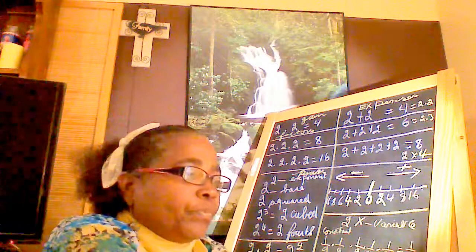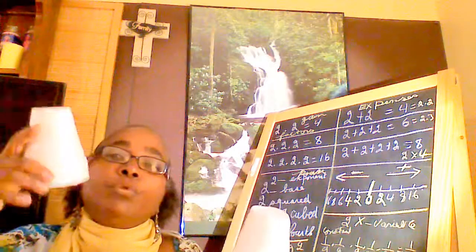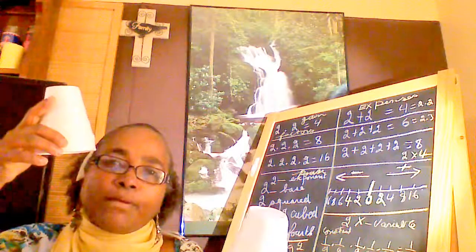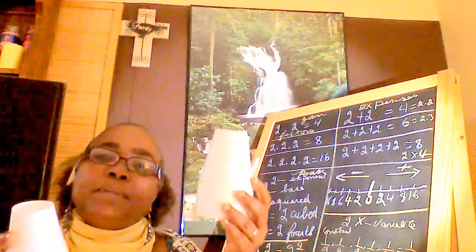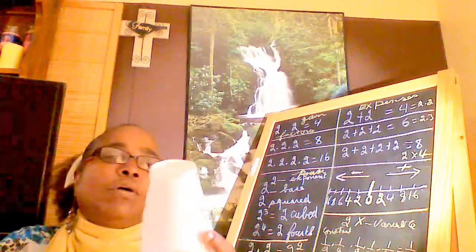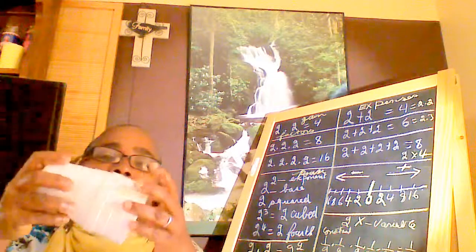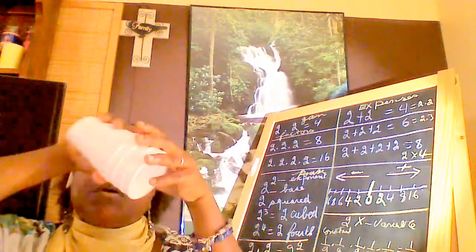So, we have 2, the base. When you put it on square, we have 2 by 2, like the same 2 multiplied by itself. 2 by 2 gives you 4. 1, 2, 3, 4.